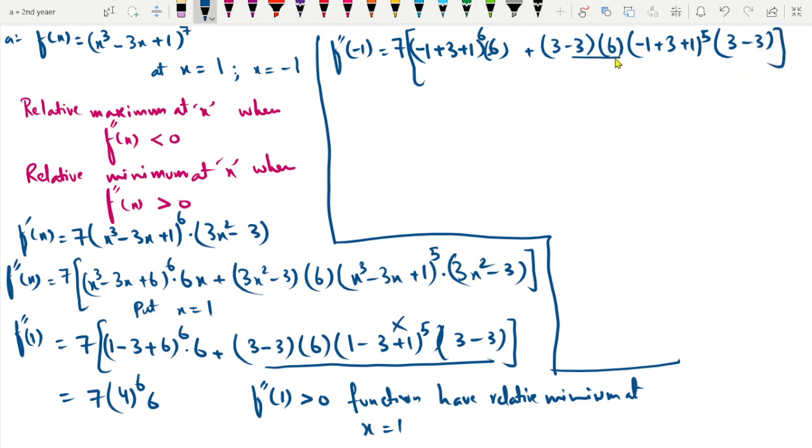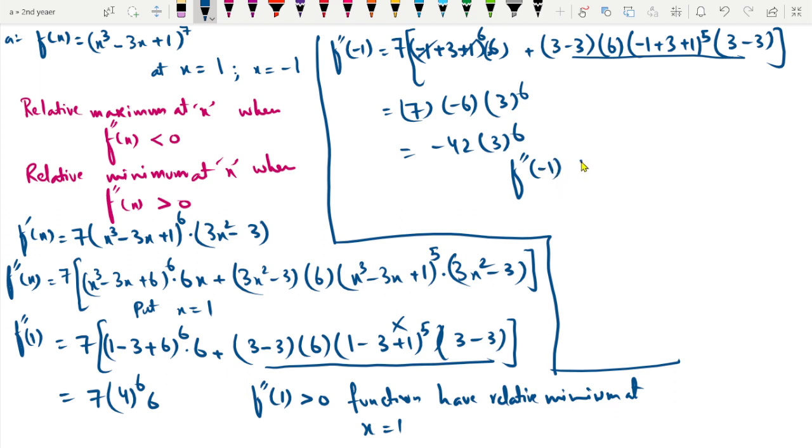Similarly, this all becomes 0 due to this 0, and we are left with only this one. So this will become 7 into minus 6 into 3^6, so minus 42 into 3^6. Here we see that f double prime of minus 1 is less than 0.